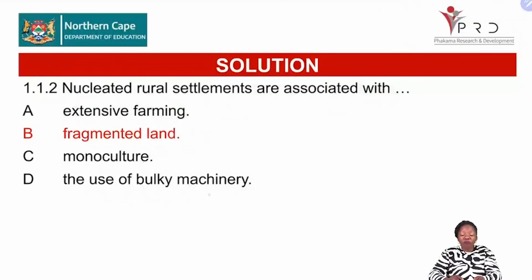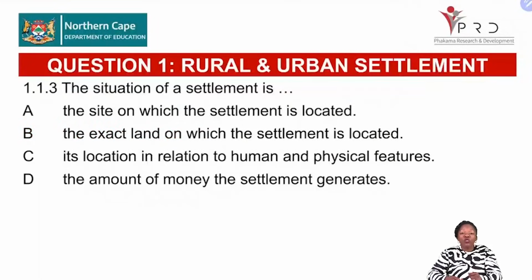So the use of bulky machinery is also impossible. Then your next question, which is question 1.1.3: the situation of a settlement is. Here you need to remind yourself of the definition of situation. A, the site on which the settlement is located?